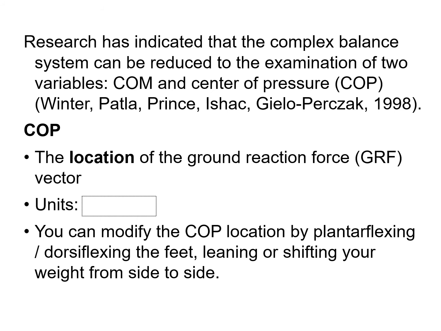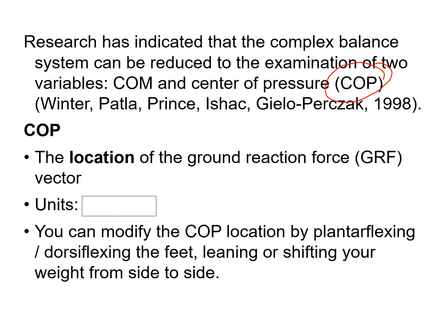So research has indicated that the complex balance system can be reduced to the examination of two variables, our center of mass and our center of pressure. Our center of pressure is what we measure when we're doing balance assessments, especially on a force plate or force platform.